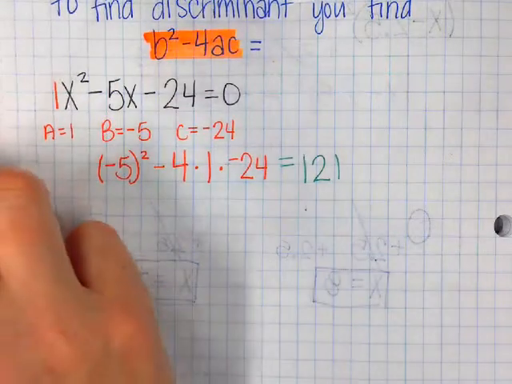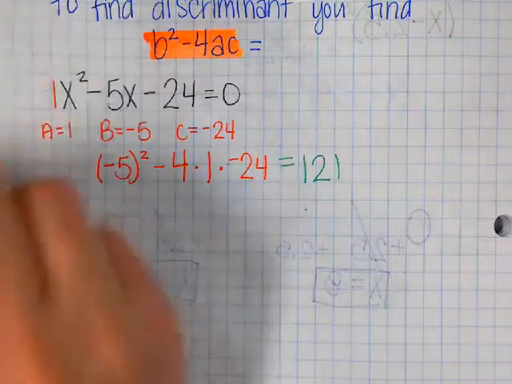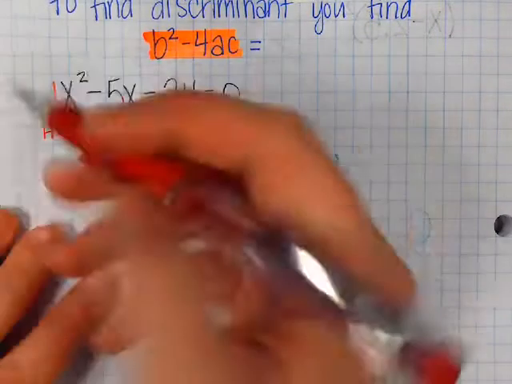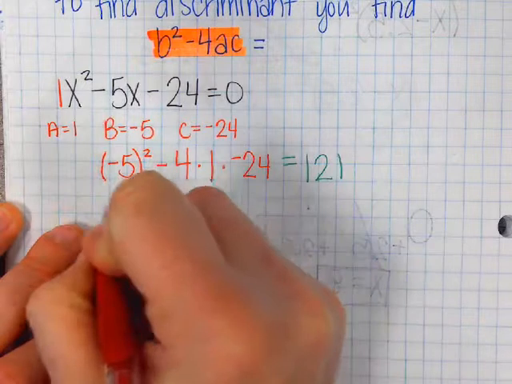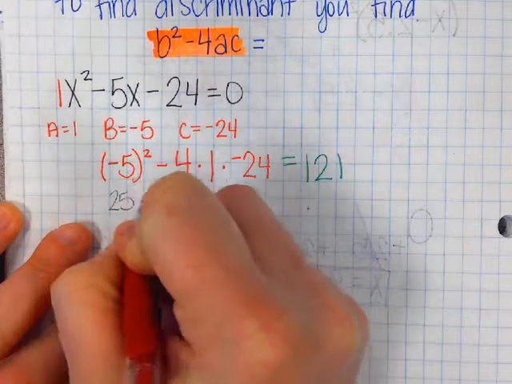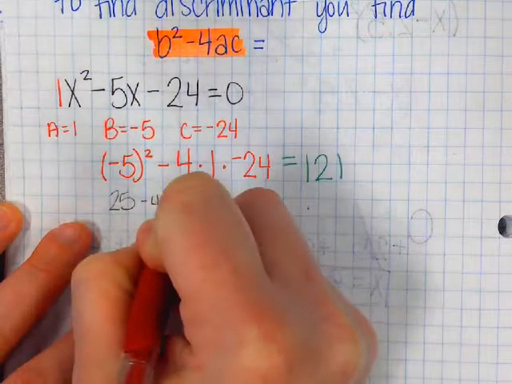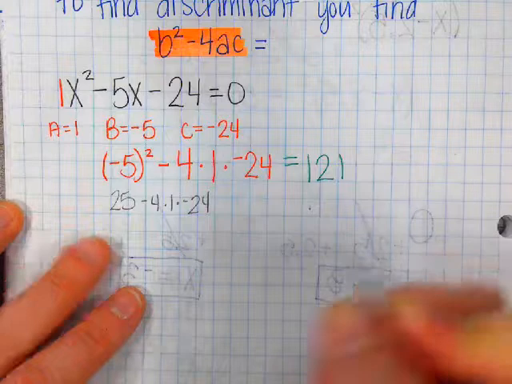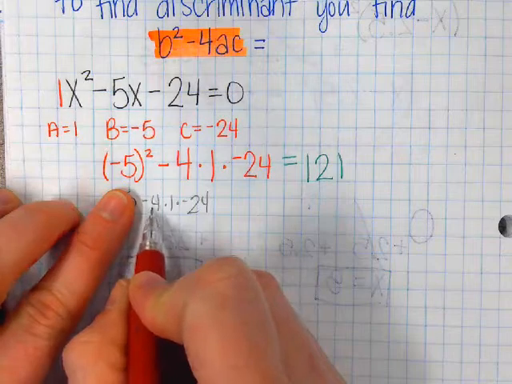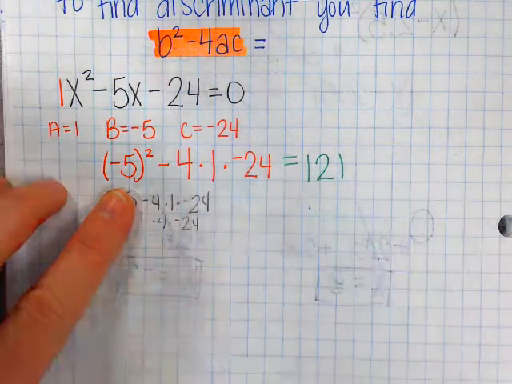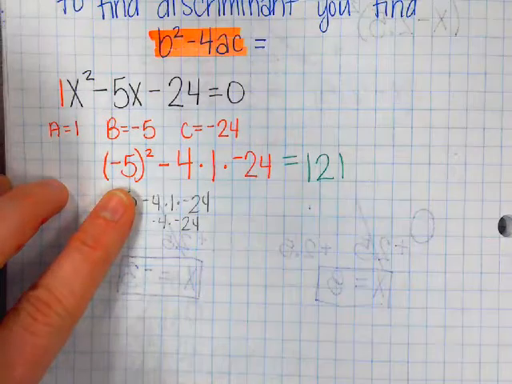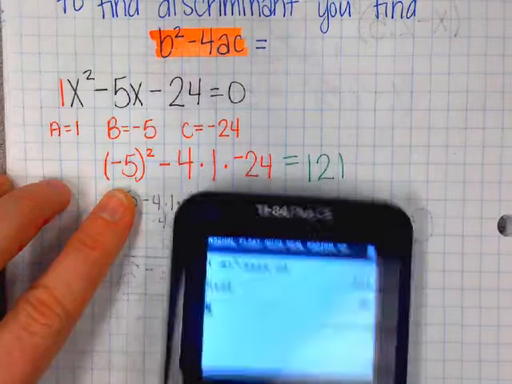You can also, I'm going to just quickly do it by hand just for anybody that doesn't like using the calculator. And that would be -5 squared, which is -5 times -5, would be 25. Minus 4 times 1 times -24. -4 times 1 would be -4 times -24. 4 times 24 is 96.